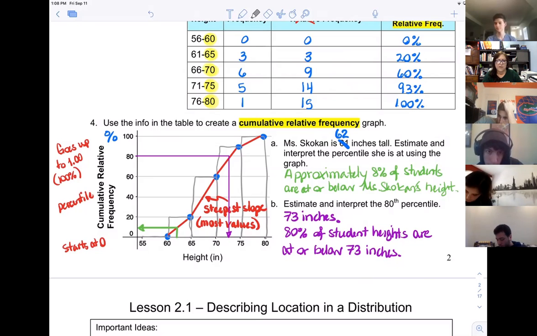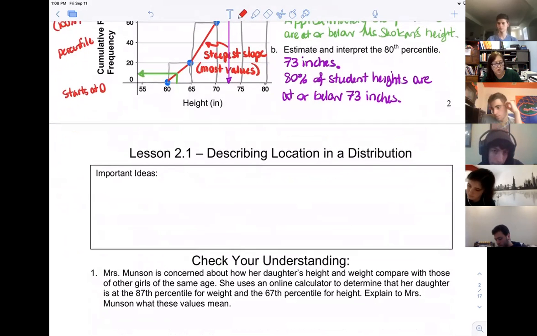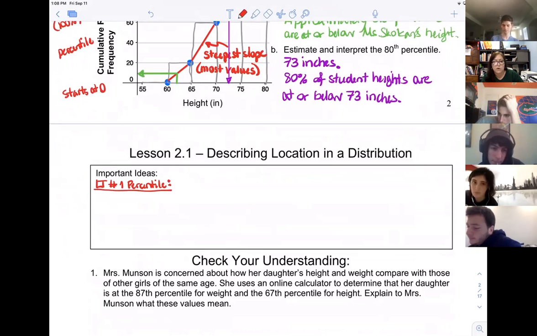Thank you. All right. So is everybody okay up to now? Okie dokie. So the next thing that we want to do is fill out our important ideas based on our learning targets. And the first learning target that we had was about percentile. And we saw that we're going to make an assumption.